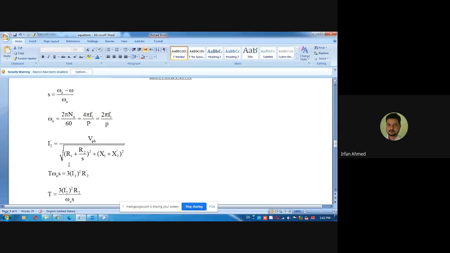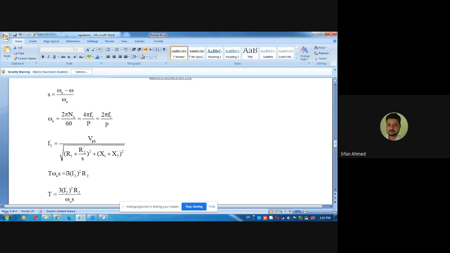Now this is the expression for the losses. You must have learned in your UG course that the copper loss in an induction motor is equal to S times the air gap power. Do you remember this? Yes, sir.